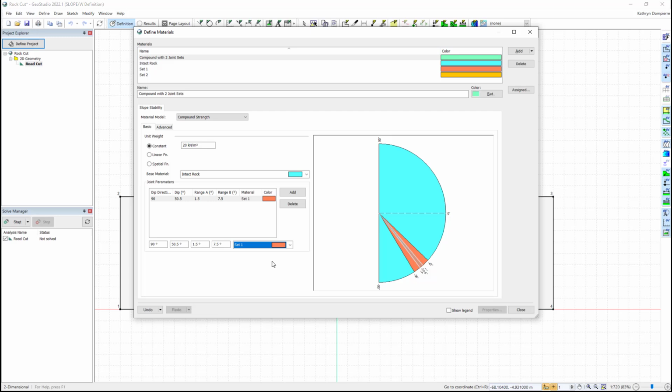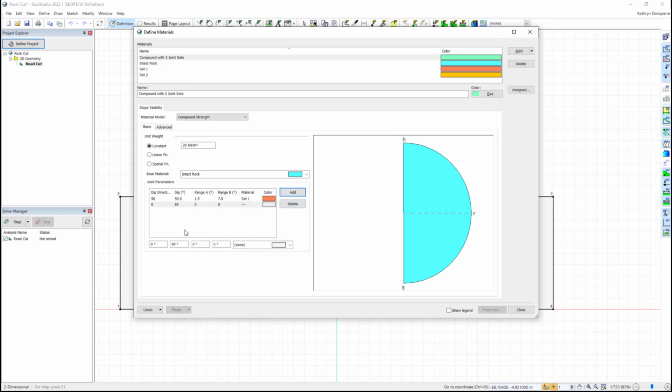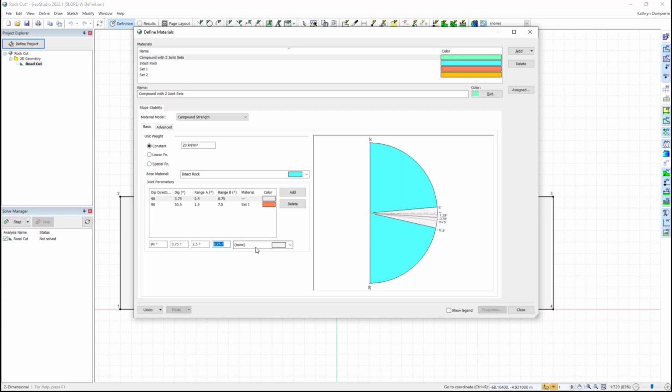Next, I will add the second joint set, which features a dip of 3.75 degrees, so it is almost horizontal. For this joint, range A will be 2.5 degrees, and range B will be 8.75 degrees. Again, I must select the material associated with the joint set to be set 2, which we had previously defined using the Mohr-Coulomb material model.